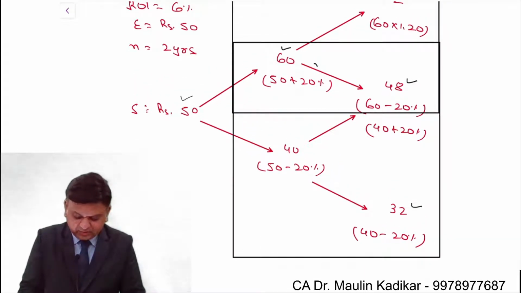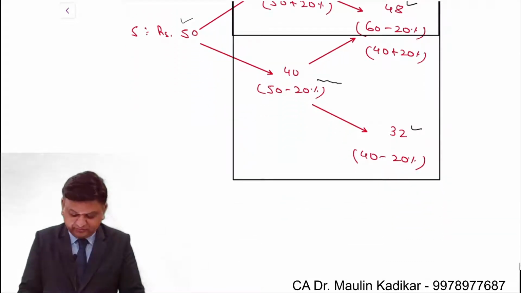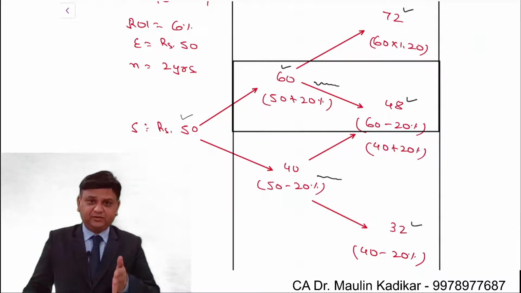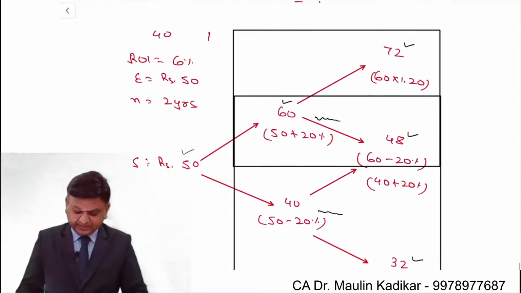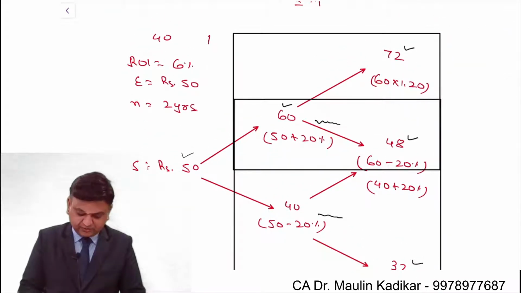So here you are required to calculate the value of the option. Whatever value of the option you compute at the end of the first year, when the price is 60, when the price is 40, that will be further discounted to year 0 in order to compute the premium.